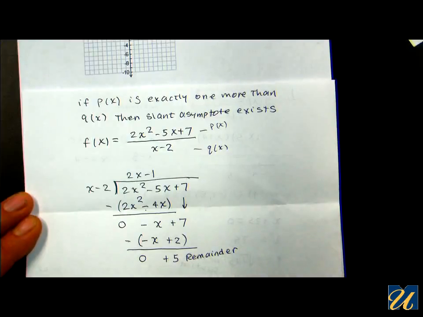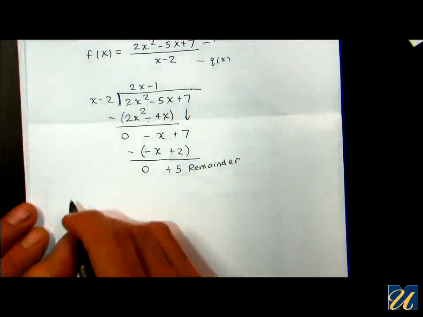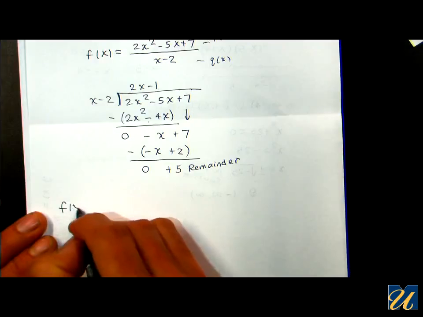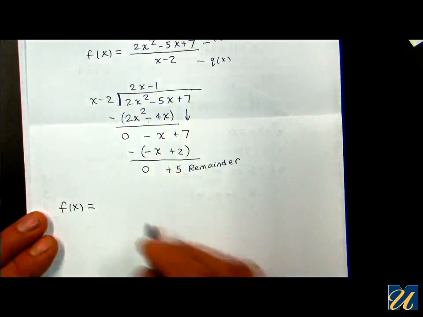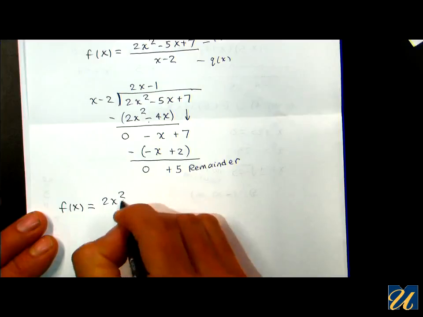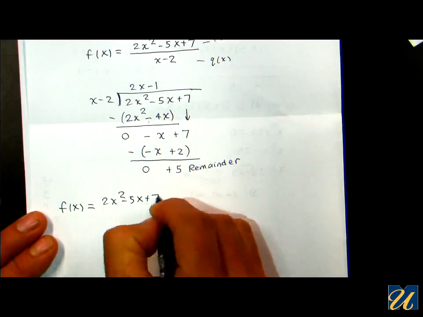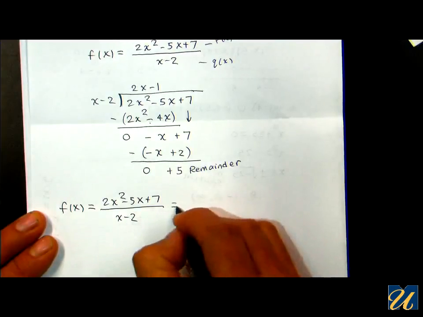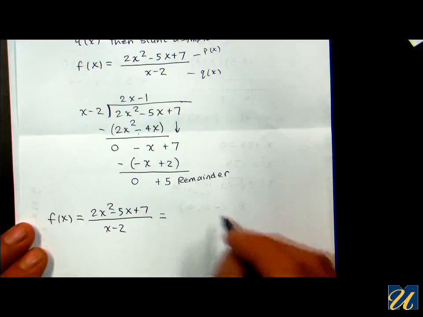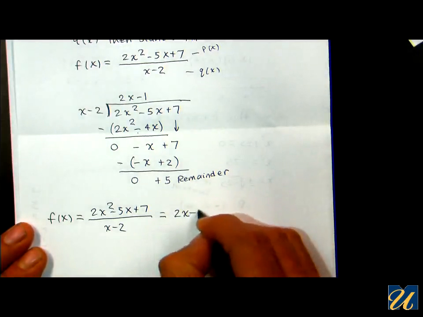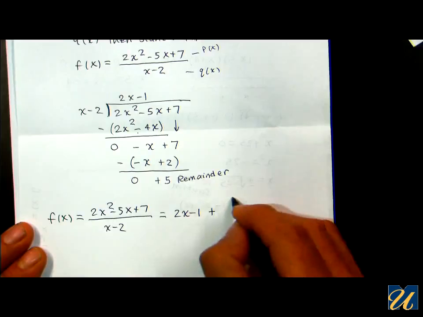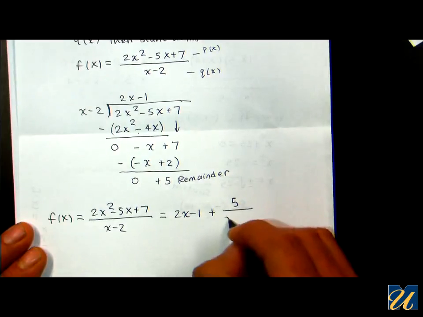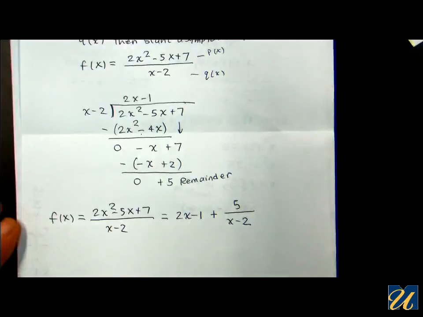Okay, so what we have found is this. The original function f of x, which was written as 2x squared minus 5x plus 7 divided by x minus 2, when we do polynomial division, we end up with 2x minus 1, and then the remainder of 5 divided by the divisor x minus 2.